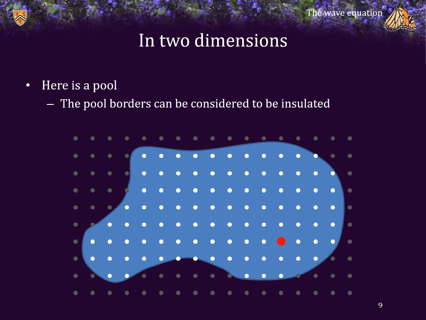What we're going to do here as well is we will consider all the points that are not in the water to be insulating points, whereas all of the white dots are considered to be within the pool. Notice we are approximating the pool with a grid.